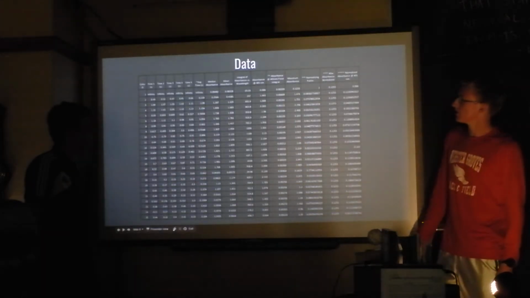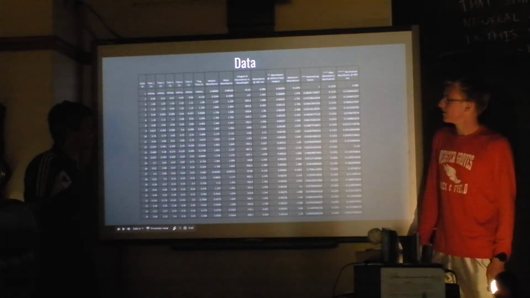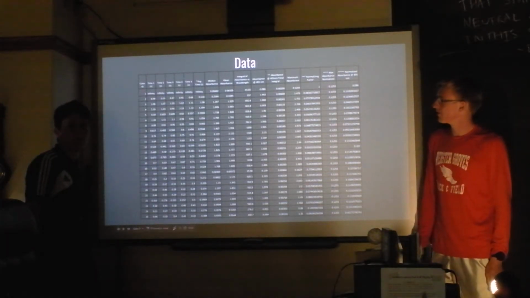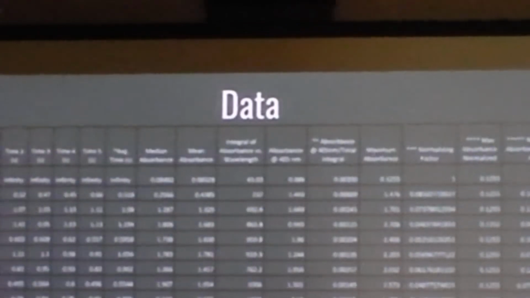And so here's our data. The way we normalized it was we had the maximum absorbance for each graph, and then we made it so that all of the maxima were the same.